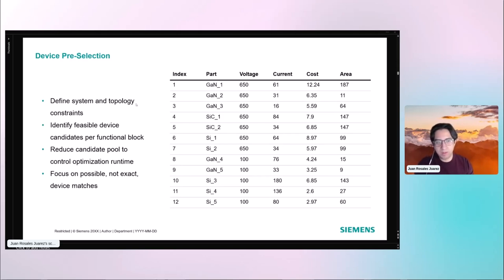This is exactly what I mentioned earlier: reduce the candidate pool and focus on what is possible and what's not exact, so that the optimization algorithm is doing most of the work, right? All of these are possible, but not exact. This is why I chose a bunch of them.